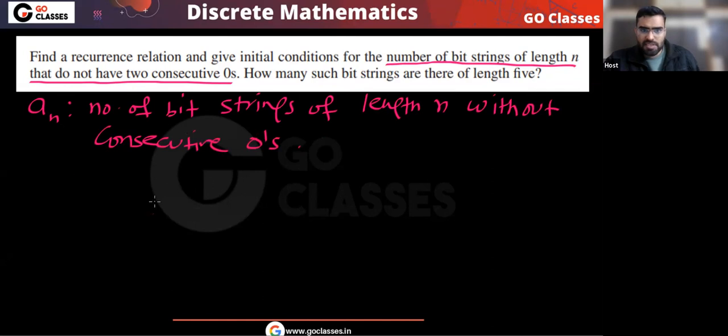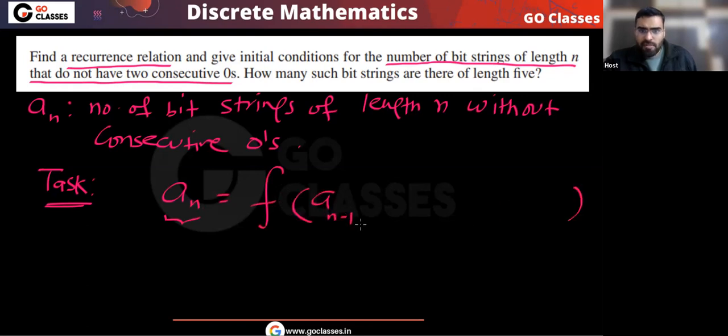Now if this is your an, can I write this an in terms of an minus 1, an minus 2, etc.? Remember, recurrence relation means our task is to write an in terms of an minus 1, an minus 2, and so on.